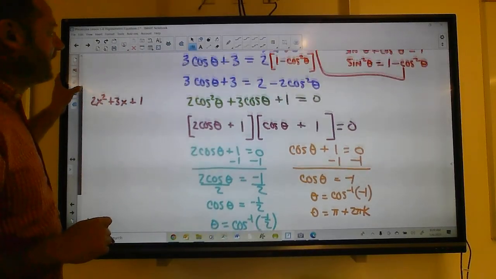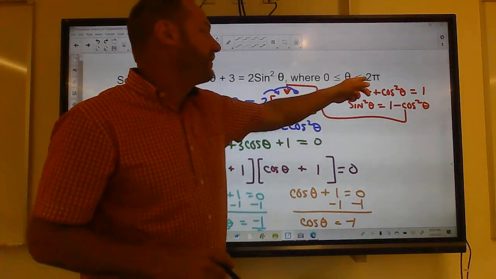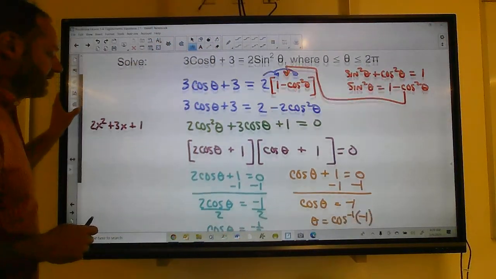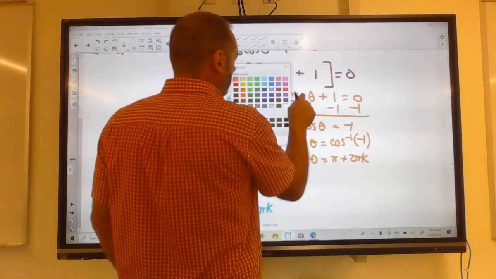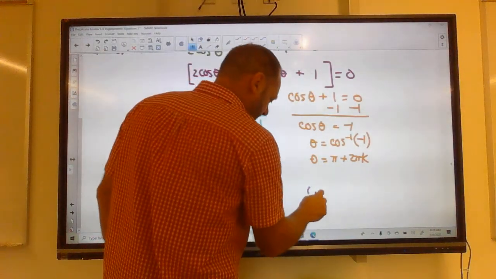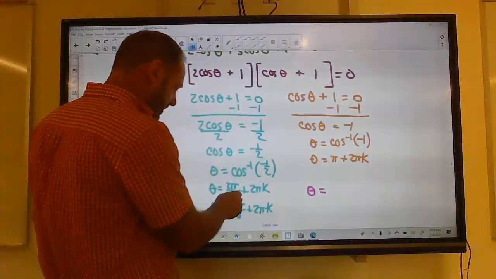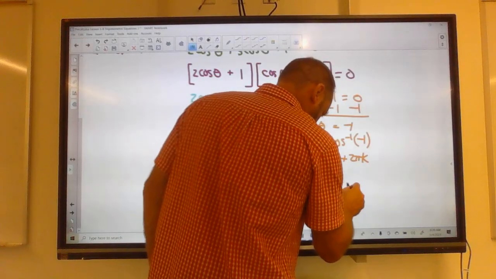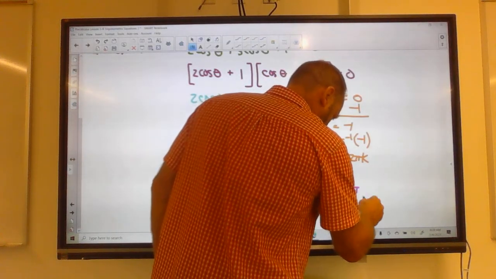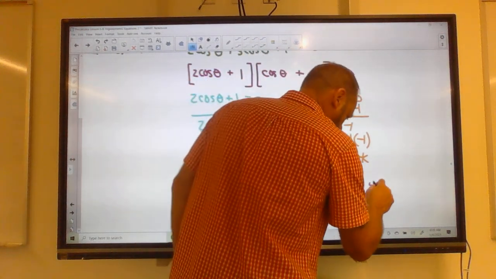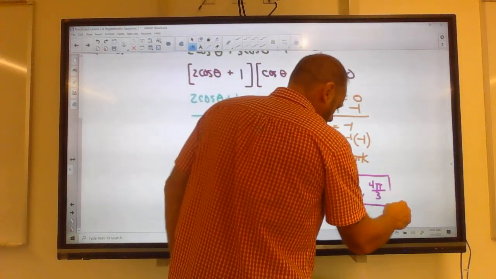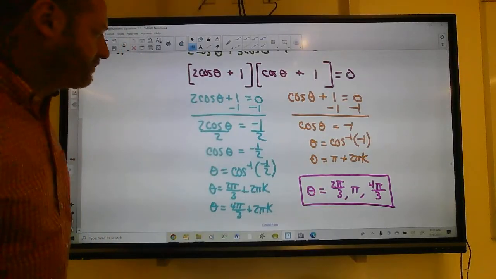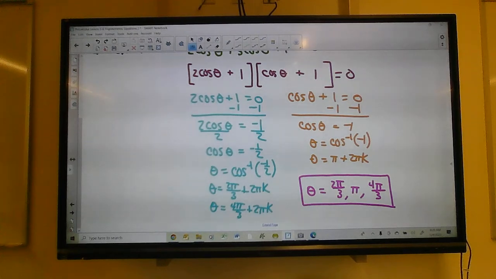All right, so then let's see. We want only the answers between 0 and 2 pi, so I'm not going to need the plus 2 pi k any longer. Okay, so theta is going to be 2 pi over 3, pi, and 4 pi over 3. If I can, I always try to put them in order from smallest to largest. So there you go.